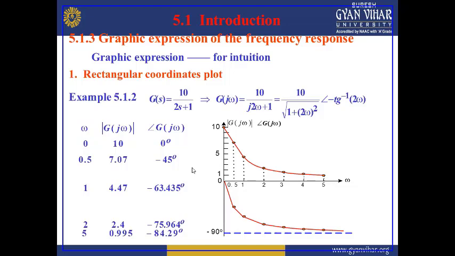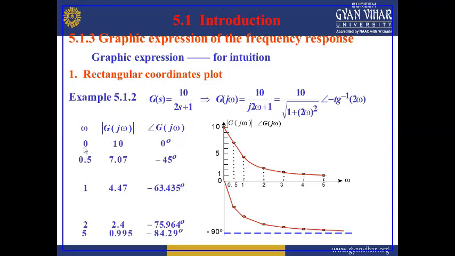The open loop transfer function is given as 10 upon (2s plus 1). When you substitute s equal to j omega, I will get 10 upon under root of (1 plus 2 omega square) with an angle of tan inverse of 2 omega. Now for various values of omega, we calculate the magnitude and phase angle.